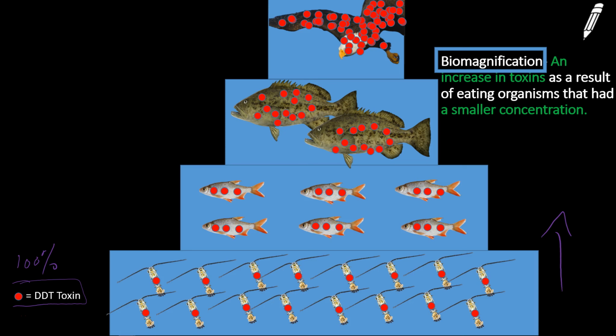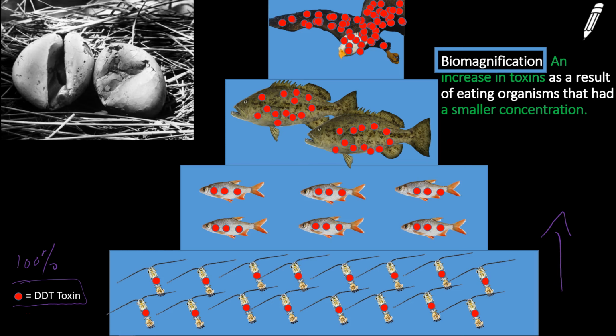Well, how did that affect the population of the eagle? That toxin eventually interfered with the calcification of their eggs when they laid eggs. So their offspring were dying because the shell wasn't protecting the offspring. So this increased the danger to the population of eagles.